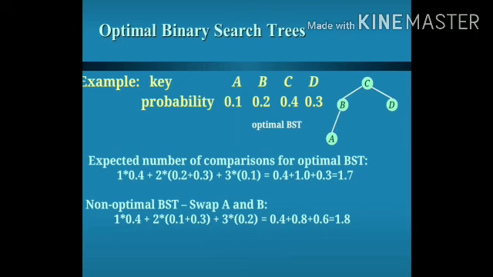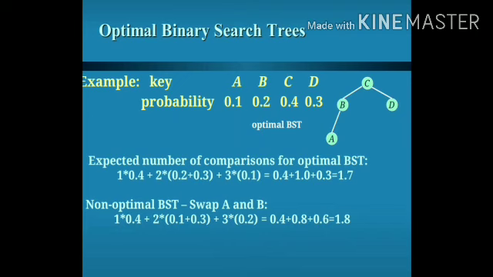But it is not the optimal binary search tree from among all 14 possible binary search trees, because we have not drawn all 14 binary search trees and not calculated the expected number of comparisons. It is not practical to construct all binary trees and compute their costs, that is, for all 14 possibilities.